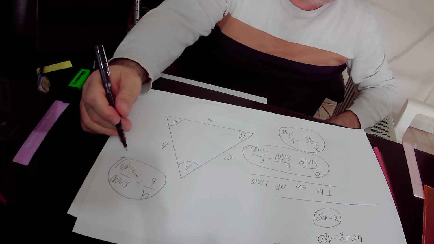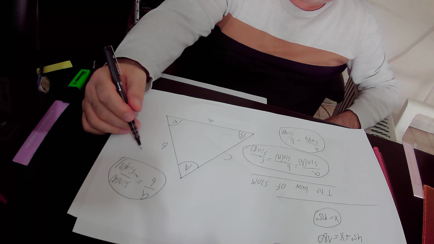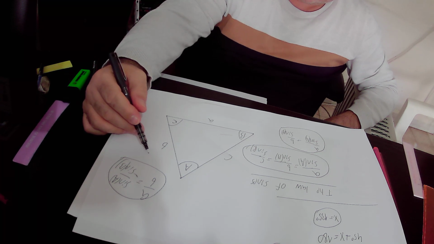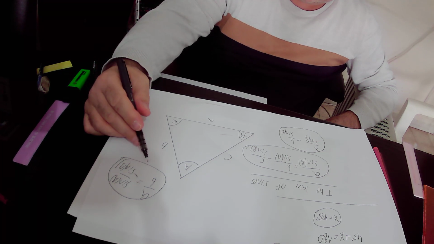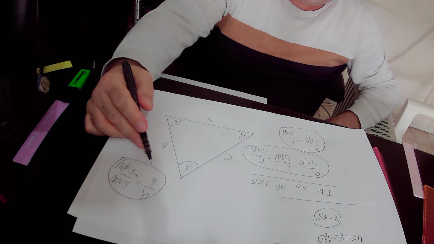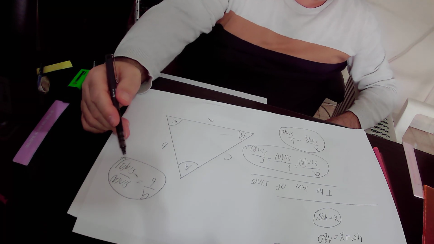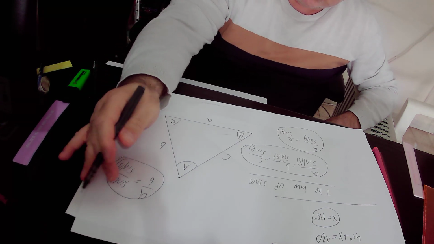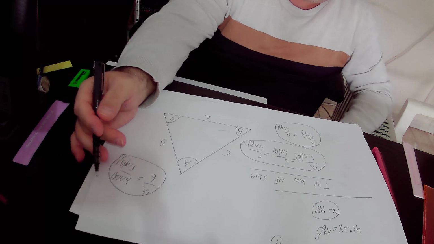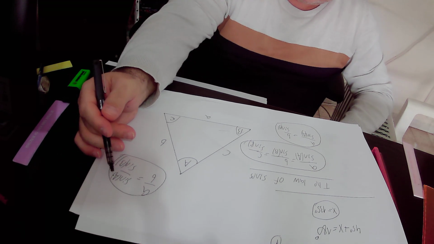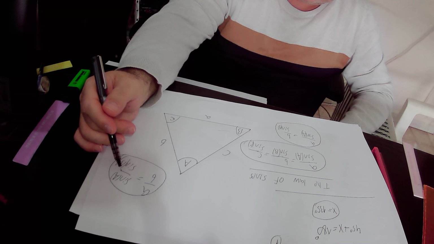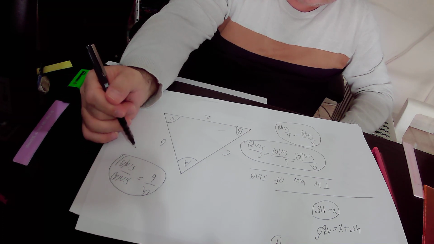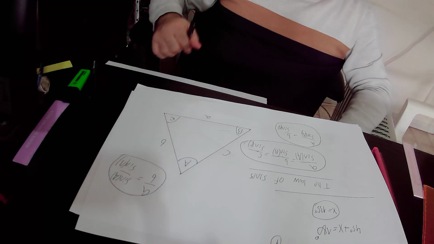Again, the ratio between the side lengths of the triangle, that is to say a over b, equals the ratio between the opposite angles, that is to say sine A over sine B. Okay?